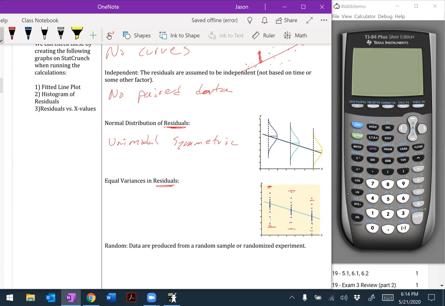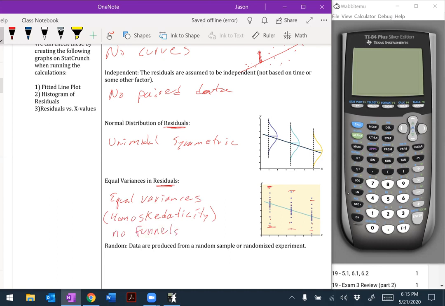Okay, what we call that when we have equal variances, we call that homoscedasticity. Same variances.